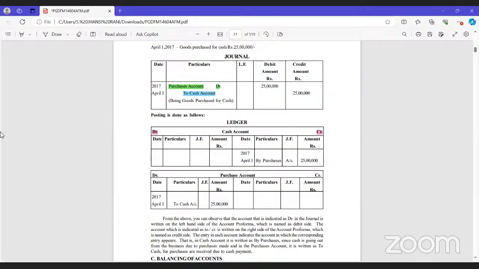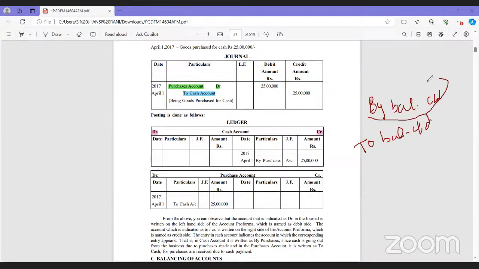And in the purchase account, what will we write here? Whenever we balance, if the difference is on the credit side, we write "By balance carried down". And if the difference is on the debit side, we write "To balance carried down".